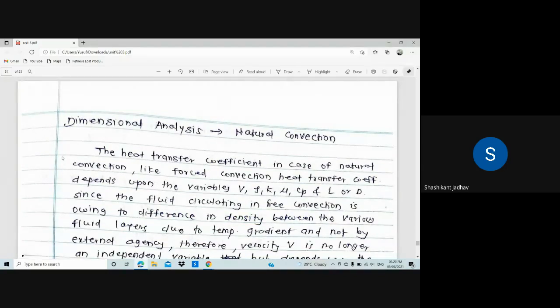Okay, then write down the next: dimensional analysis for natural convection.